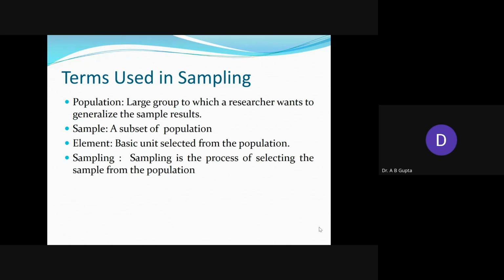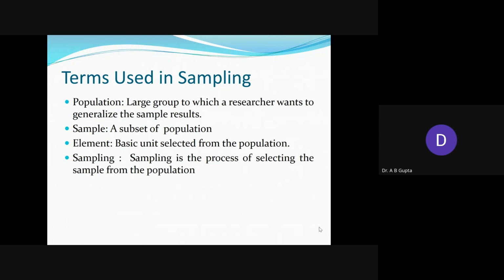Say, for example, if you have a group of schools which are teaching up to 10th class. Okay, all the schools in a district of a particular state up to 10th class. So that can also be a population. So population is not only limited to person. It can be certain thing.